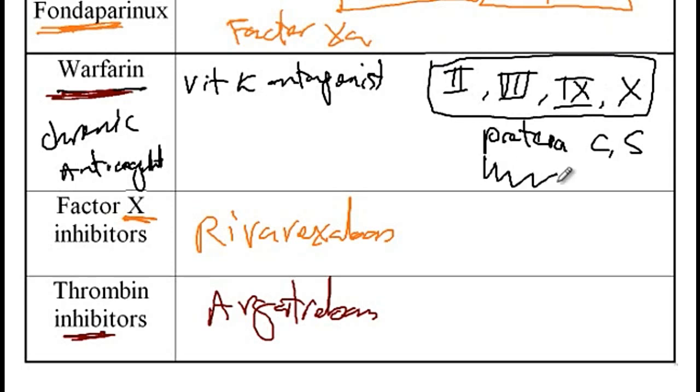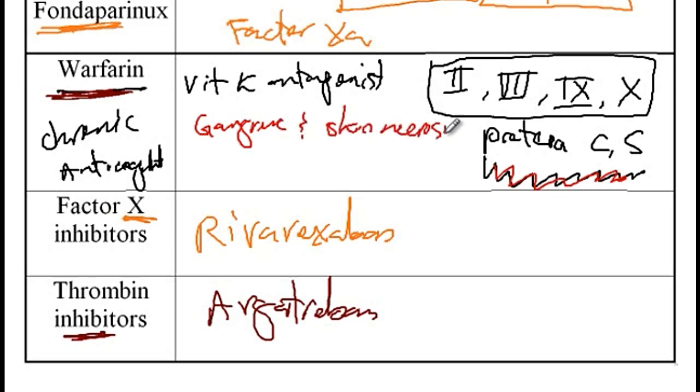But note that protein C and S are anticoagulation factors. So by inhibiting protein C and S, initially there would be increased risk of coagulation in these patients, and they may develop gangrene and skin necrosis. That's why you cannot right away give warfarin to any patient.